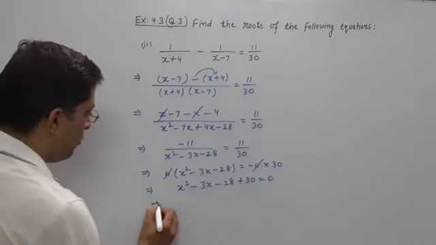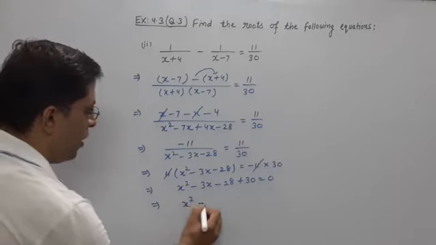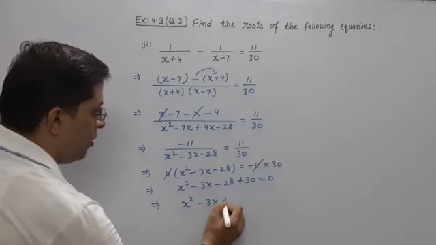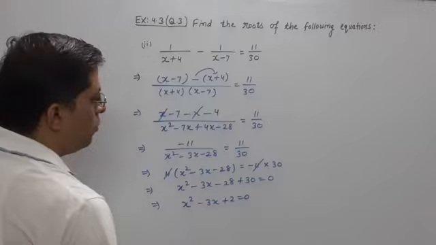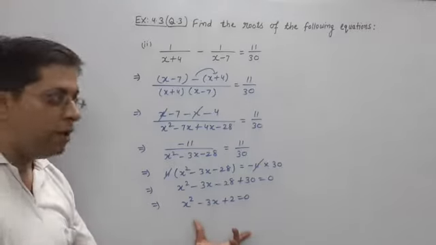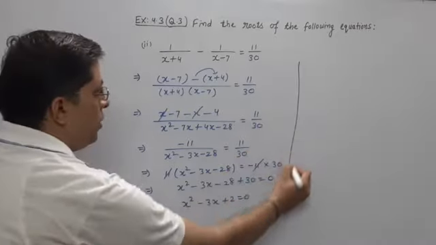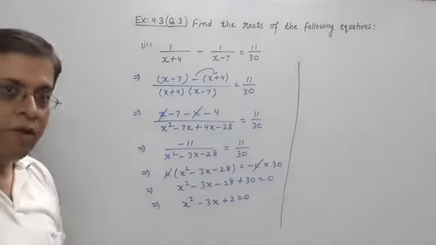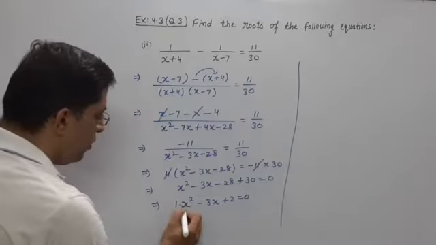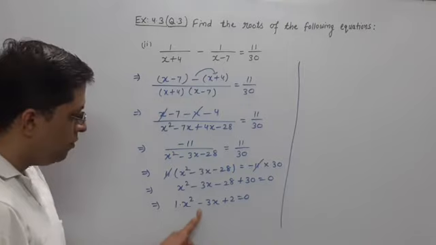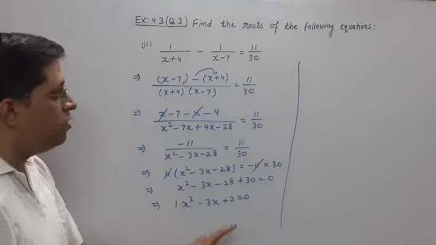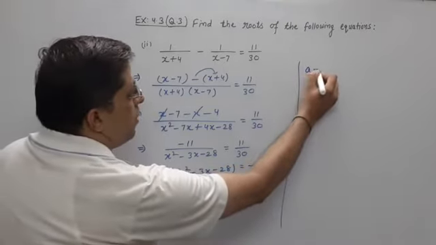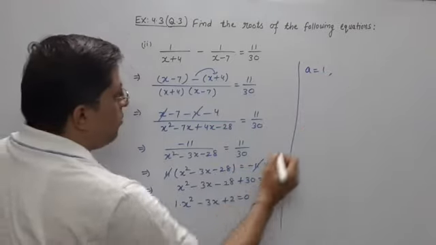Now what is going on? See last, x square minus 3x plus 2 is equal to 0. Okay, then I am going to find its roots by the quadratic formula. Clearly a is coming 1, b is minus 3 and c is 2.